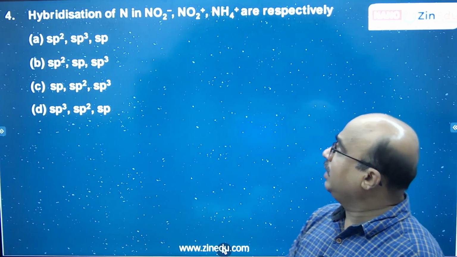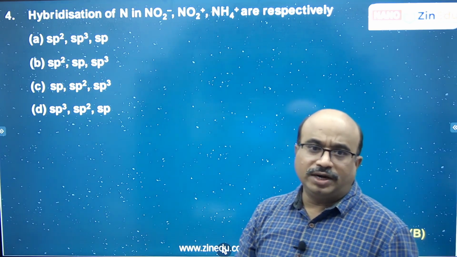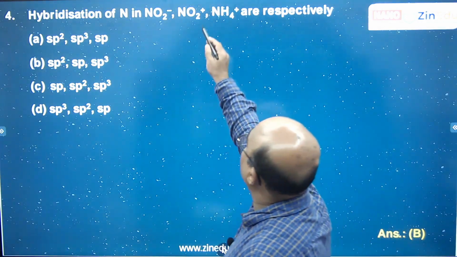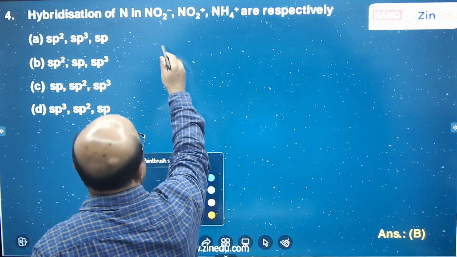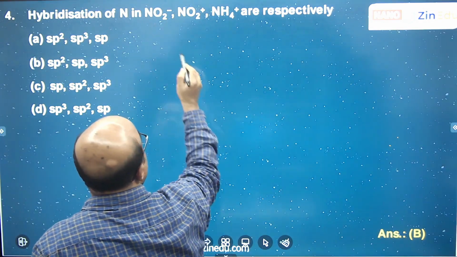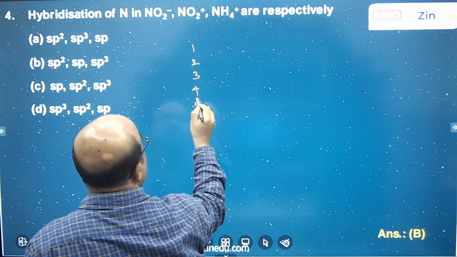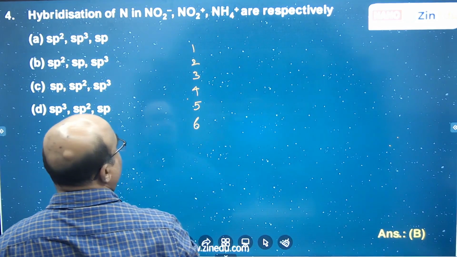Hybridization of nitrogen in NO2 minus, NO2 plus and NH4 plus respectively. For NO2 minus, considering the hybridization concept, nitrogen has 5 electrons, and with negative charge we write 6, one extra electron.